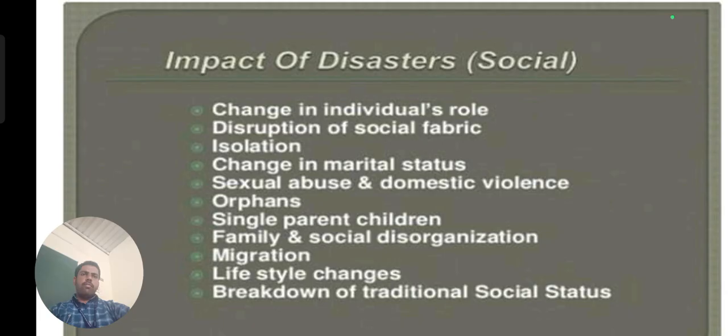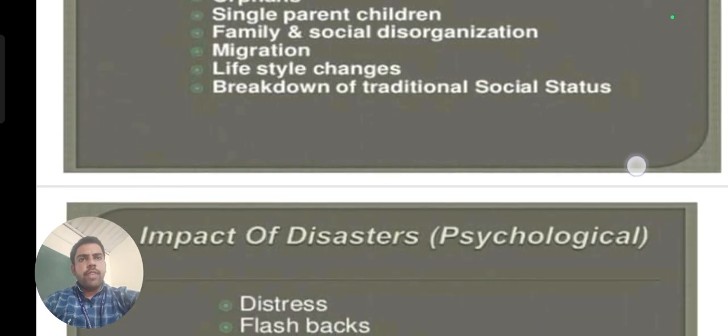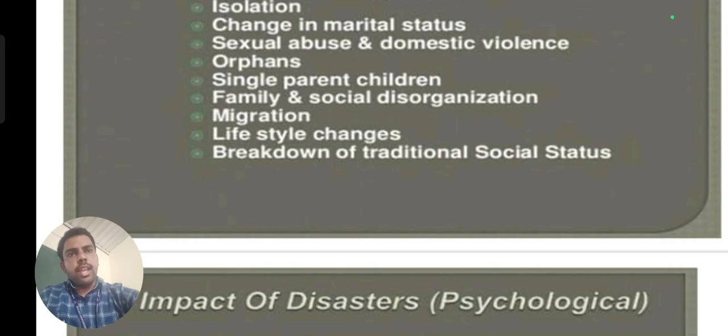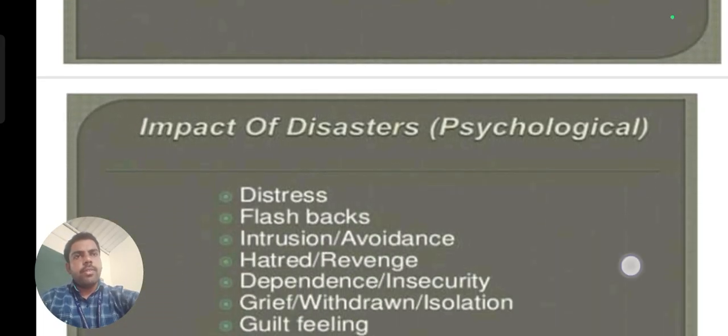Every human should be capable of owning risk, and he may lose his life, and he may suffer very tough injuries due to hazards, and disruption of social fabric and isolation. Next, change in marital status, sexual abuse and domestic violence, orphans and single-parent children, family migrations, lifestyle changes and breakdown. These all come under social.